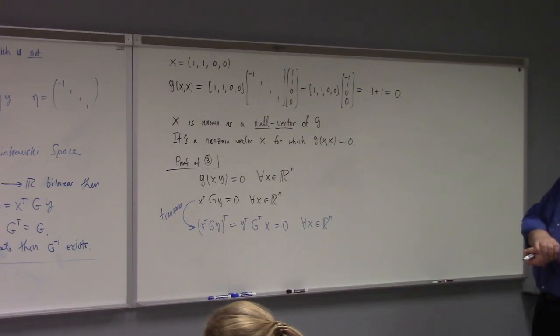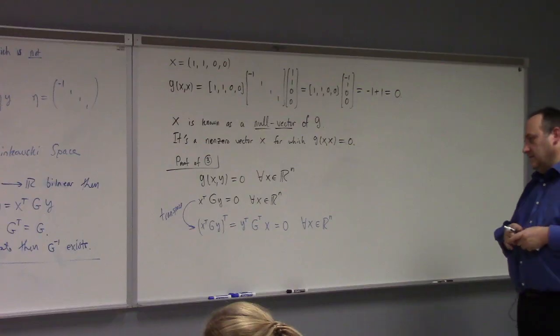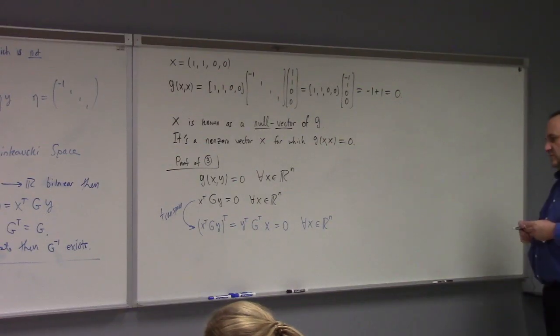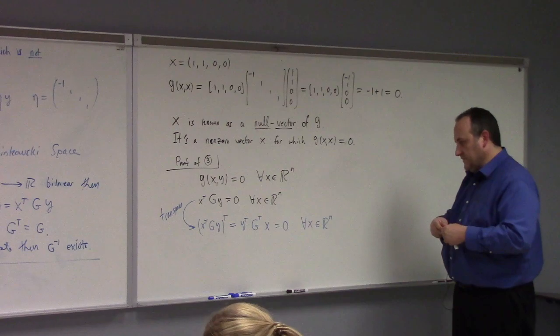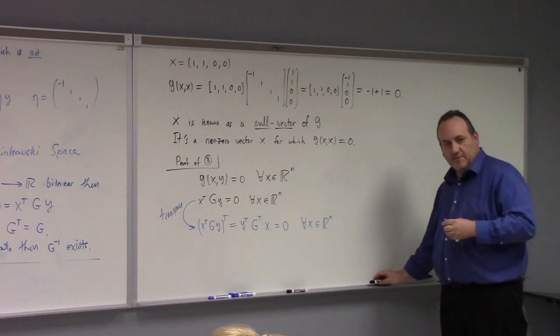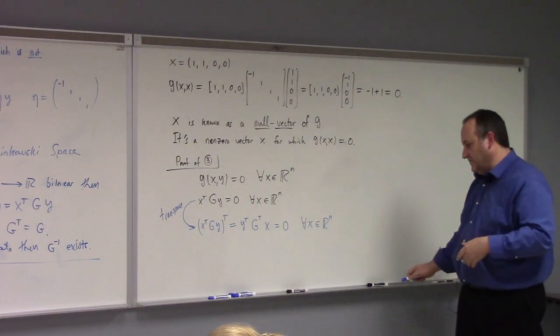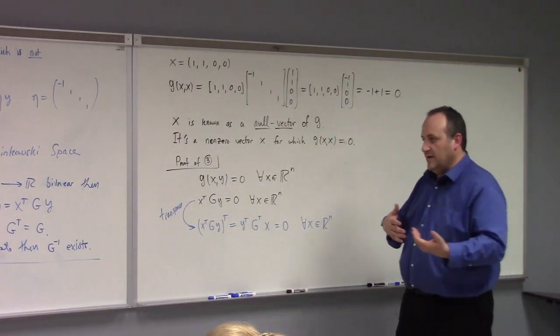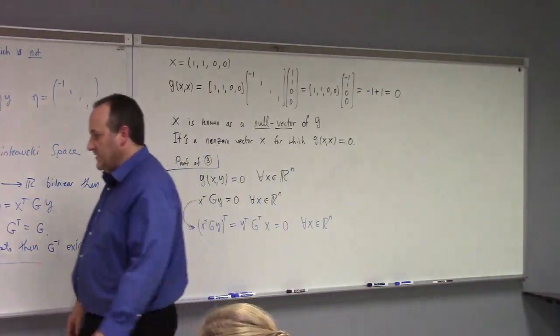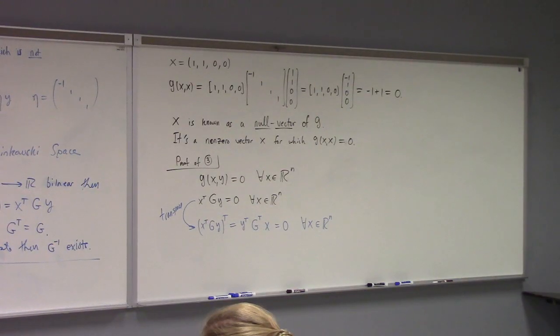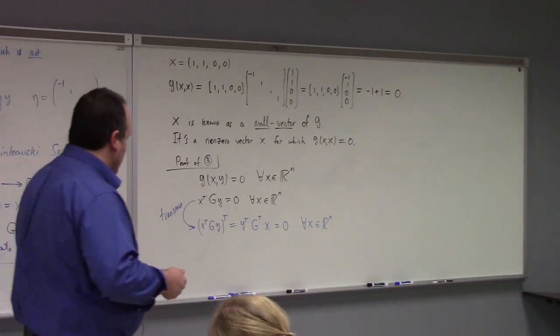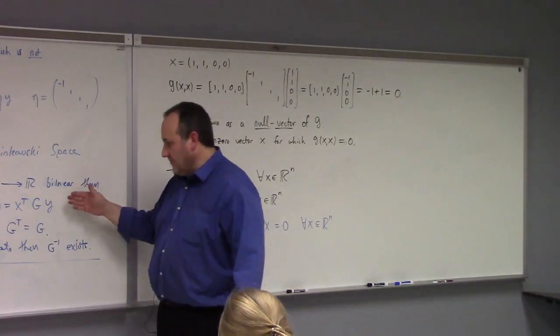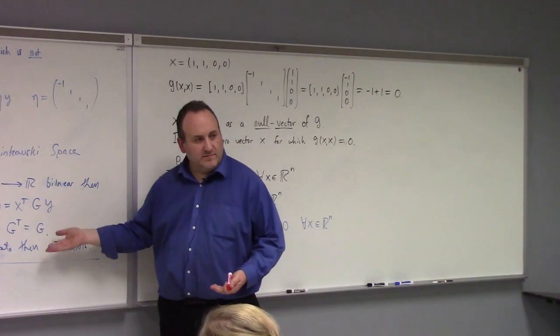What do we want to show? To show G inverse exists, what would you suggest we do? What tools do we have at our disposal to prove that G is invertible? It's a square matrix, right? We don't really have a formula for it, except that it's defined in terms of the bilinear form. I'm quite certain that it's because of axiom 3 that it's invertible. For example, you could take the zero transformation.